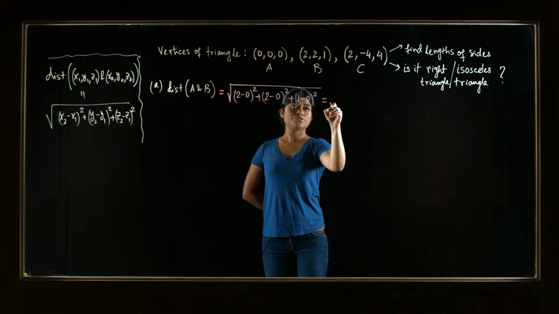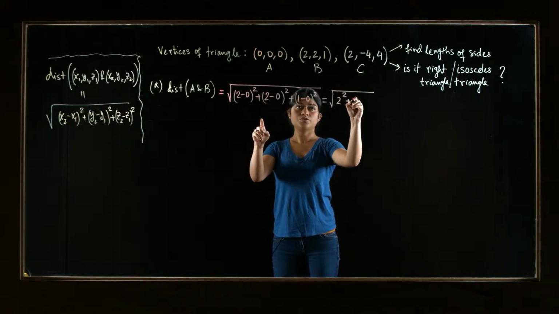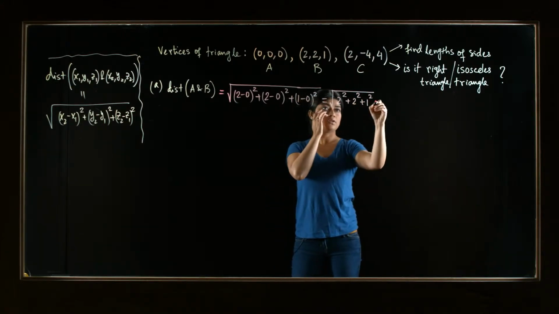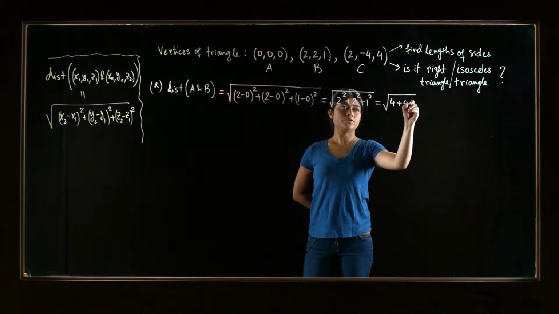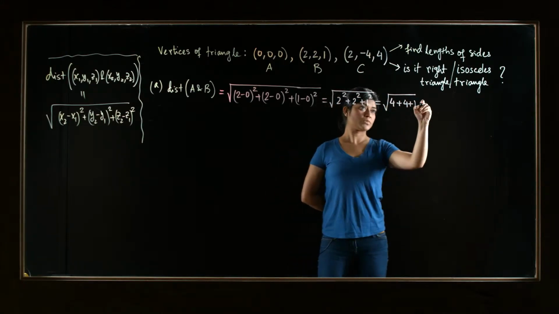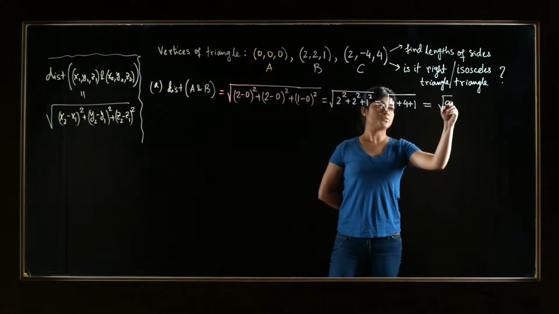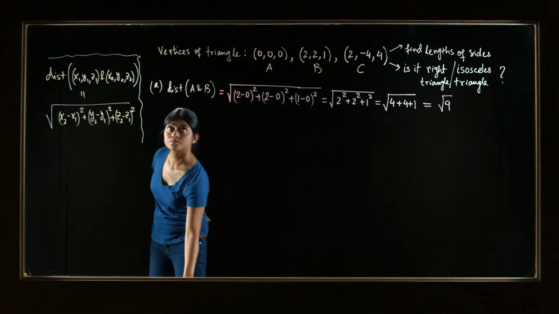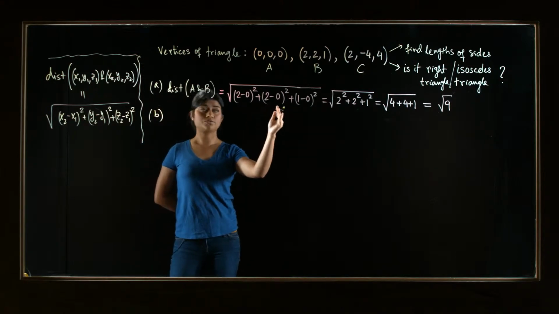So that is equal to 2 square plus 2 square plus 1 square, and that is 4 plus 4 plus 1. So 4 plus 4, 8 plus 1, 9. This is square root of 9. Okay, so that's the length of one of the sides of the triangle.